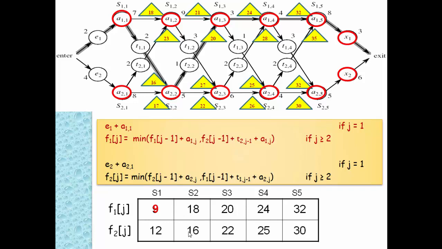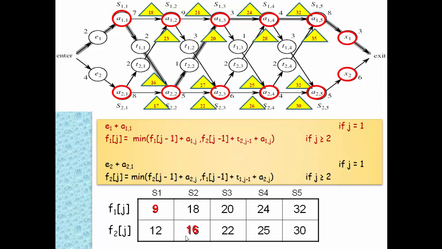It means we have to choose line number 2. This row indicates line number 2. This row indicates line number 1. So 16 is minimum, so we have to choose line number 2. So our next path will be station number 1 of line number 1 to station number 2 of line number 2. This is the best path. So we have to choose 16.